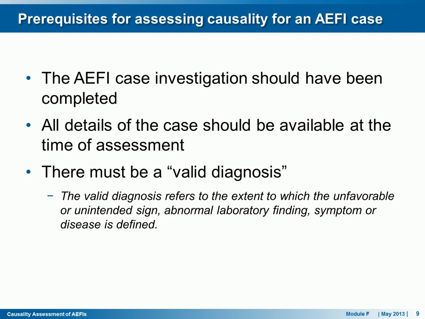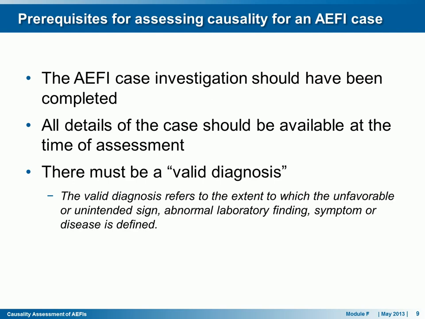Then the most crucial point is that there must be a valid diagnosis. Now, what is the meaning of this word valid diagnosis? When we talk about a valid diagnosis, it refers to the extent to which the unfavorable or unintended sign, abnormal lab finding, symptom or disease is defined.